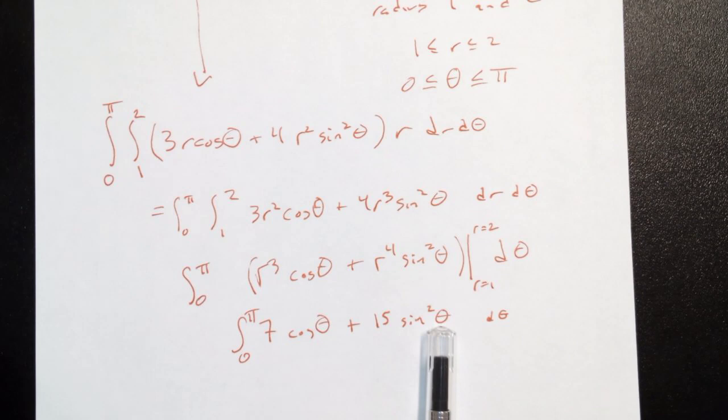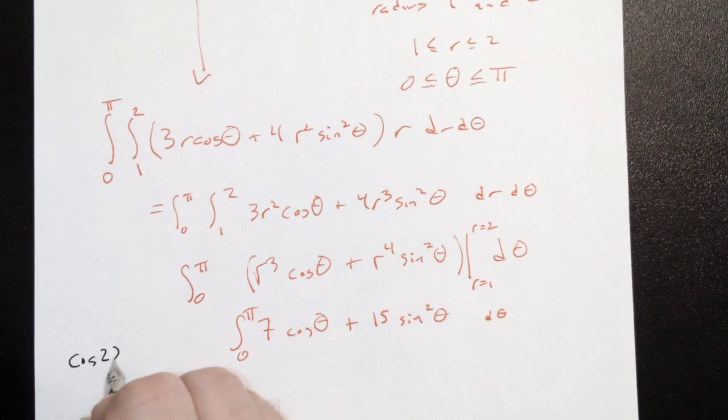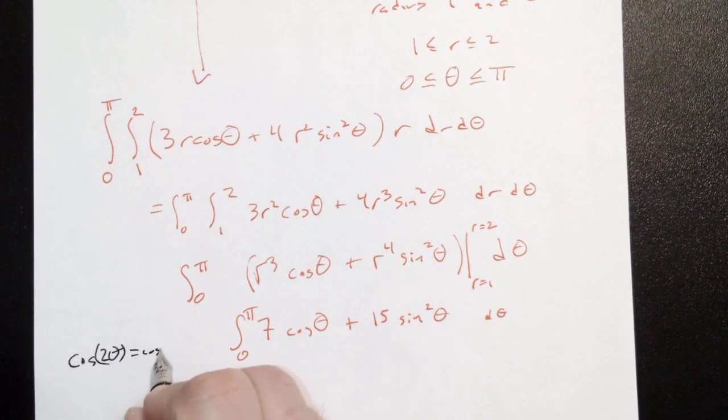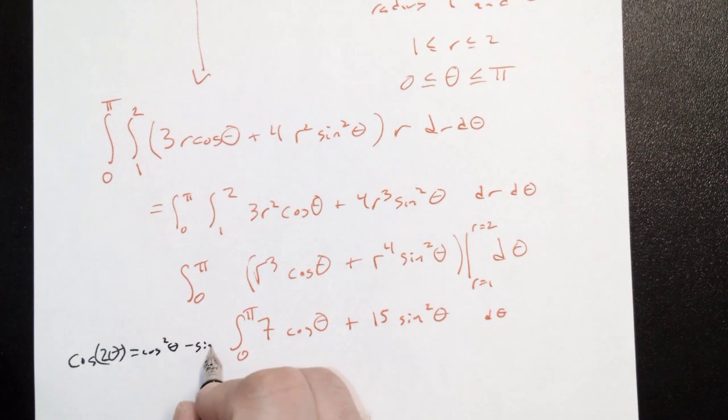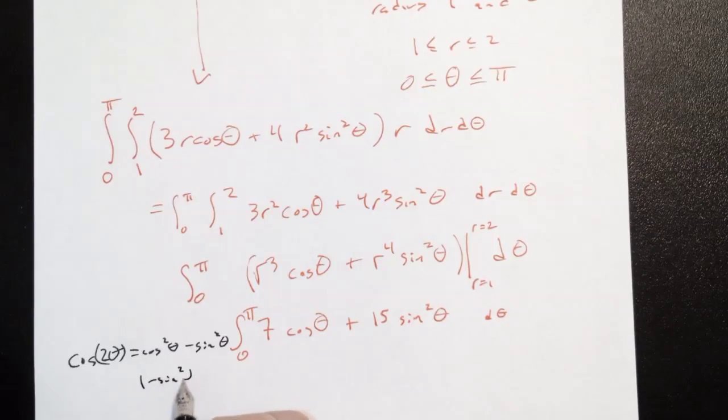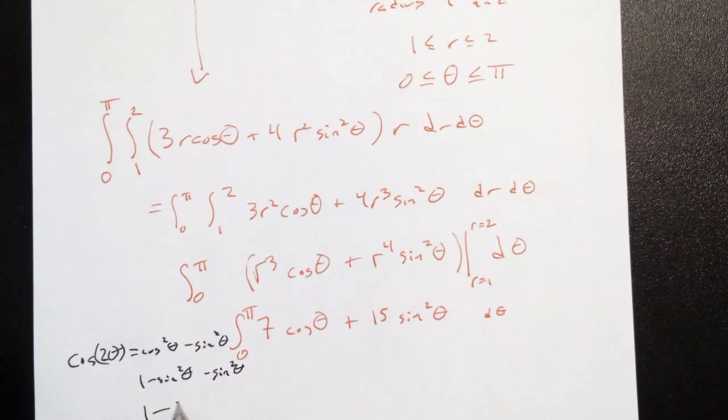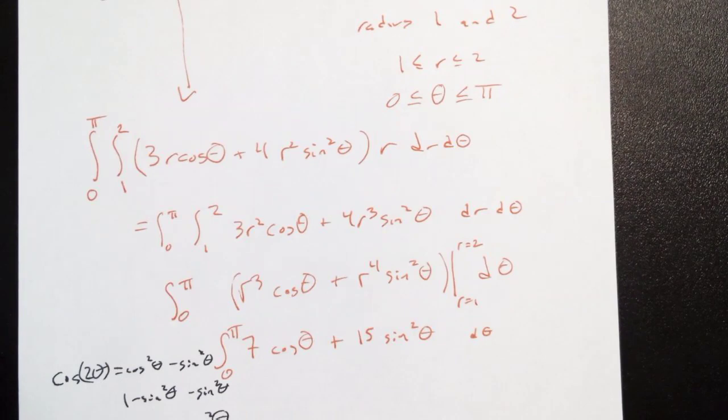So I remember to get that formula, I need the cosine of 2θ formula. So I say to myself, cosine of 2θ is cosine squared θ minus sine squared θ. And since I want sine squareds, I'm going to replace this with 1 minus sine squared, minus another sine squared. So that's 1 minus 2 sine squared θ is cosine 2θ.